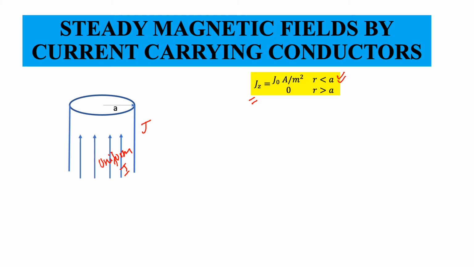So what is r here? r is simply the distance from the center of the conductor. Of course, we have considered a to be the radius of the conductor. As long as you are inside the conducting wire, the current density is uniform and given by J naught.